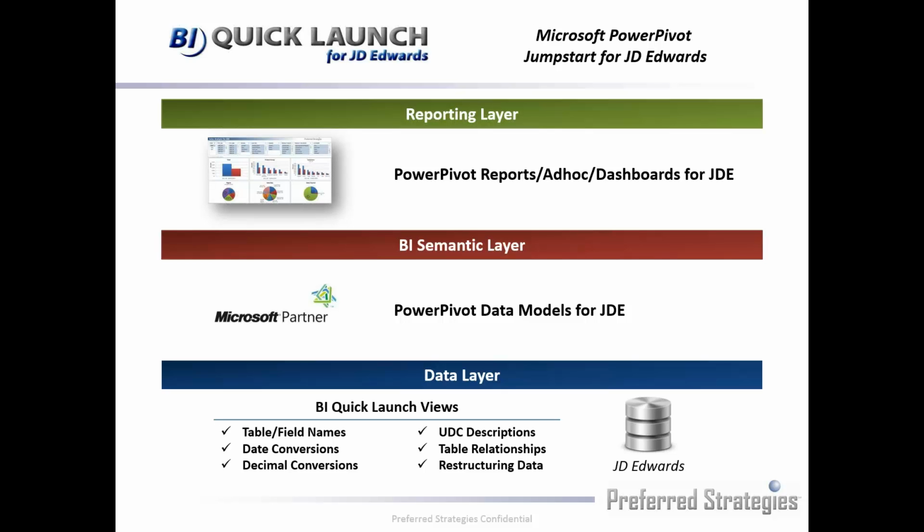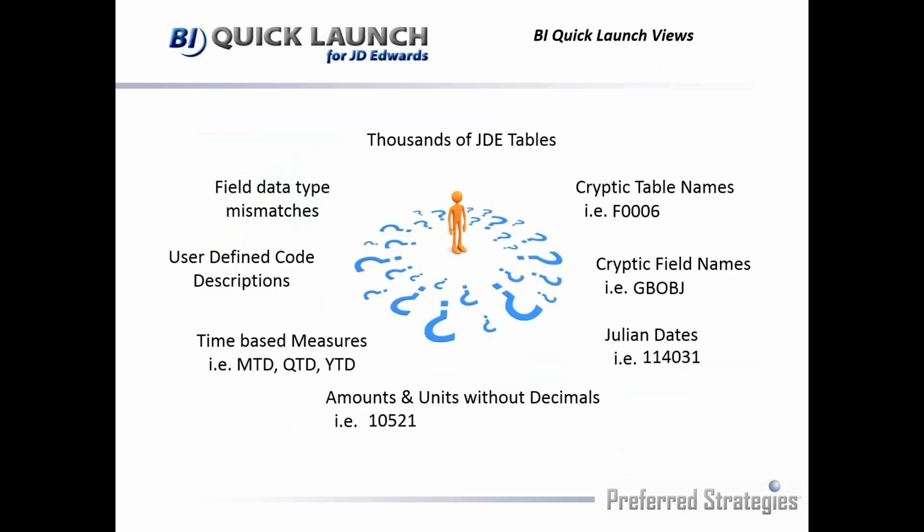Then within the PowerPivot, we've built out models where we've done a lot of additional calculations and relating data to some degree, building out those calculations like we talked about, the month-to-date, year-to-date, quarter-to-date, all that stuff. And then the reporting layer, we've built out some dashboards and reports on top of that, as a part of the model as well. We'll show you those as we go through the demo today.